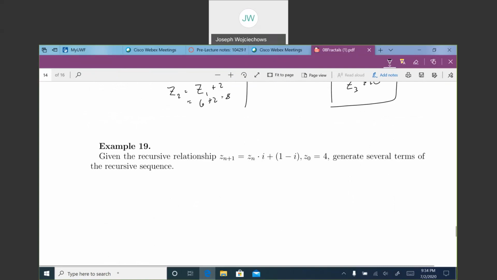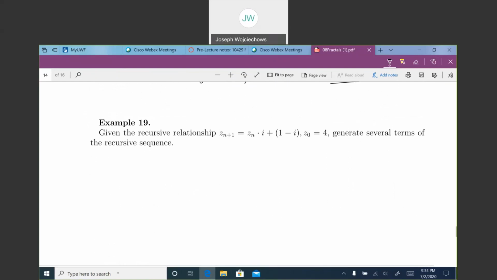Okay, next one is just a different relationship. We're using an imaginary number. So z sub n plus 1 equals z sub n times i plus 1 minus i, where z sub 0 equals 4.